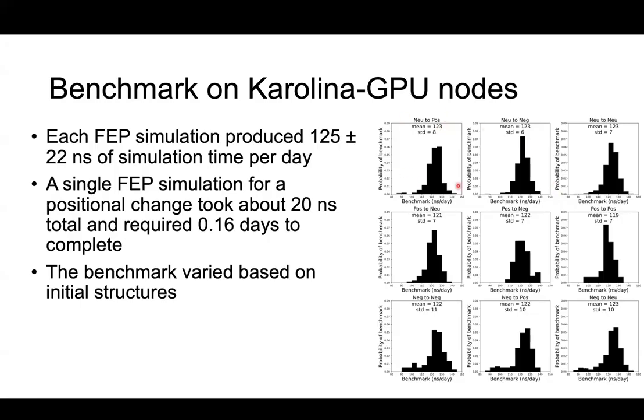Here, as you can see, we have these probability distributions. These are the mutations neutral to positive amino acids, neutral to negative, neutral to neutral. As you see, they are different in every kind of amino acid mutation.